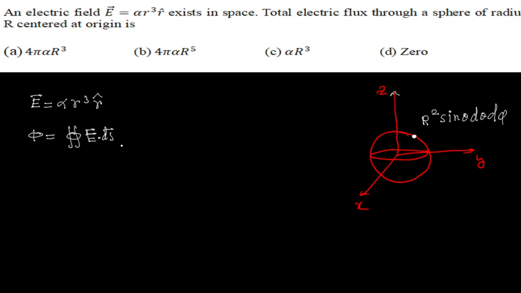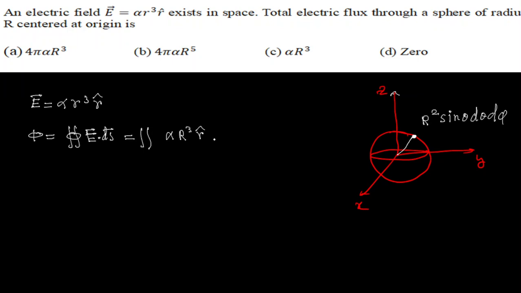And also we have to calculate the value of the electric field at this point on the surface. So what is the distance of this point from the center? It will be capital R. So we can replace small r by capital R. So it will be alpha capital R cube into r cap.